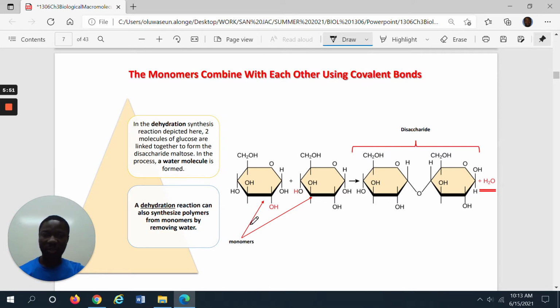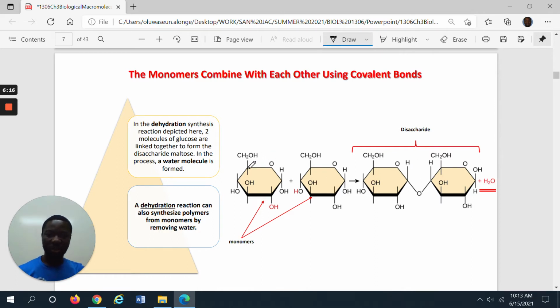They're going to use the covalent bond anytime they are joining together. You remember last week we talked about covalent bond and ionic bond. You will see all of that on your test. They are key things that you should know. Now, in the dehydration synthesis reaction depicted here, two molecules of glucose will link together to form a disaccharide, as we can see here.